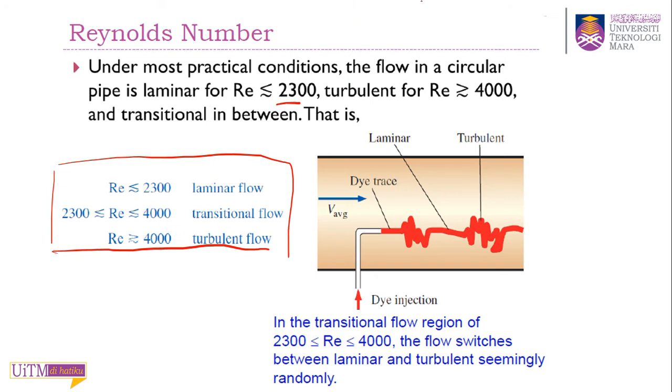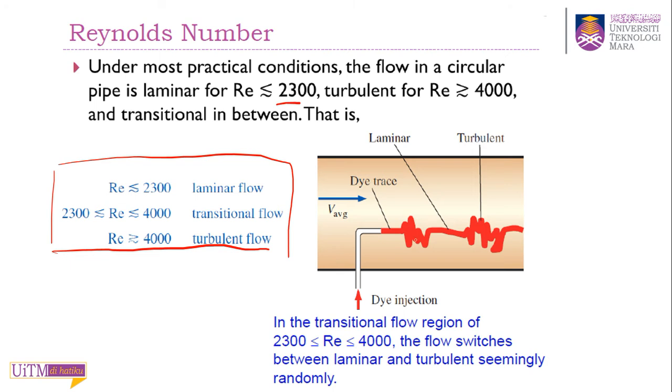As we saw in the experiment before from the diagram, when they inject the dye inside, as the velocity increases, at first when the velocity is low, you get a very low Reynolds number and you get laminar flow. As the velocity increases, you will see a transition flow first.